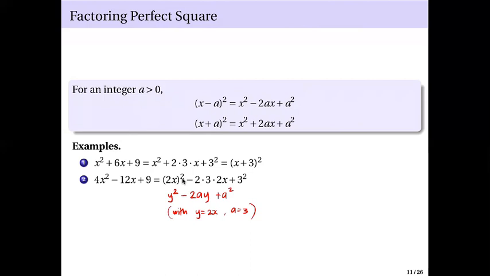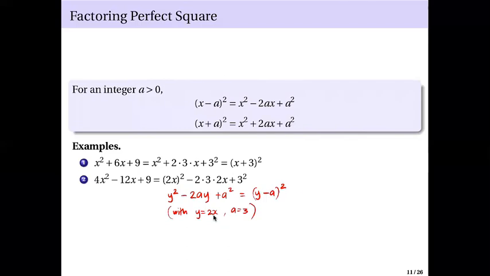So following this formula here, y squared minus 2ay plus a squared is just (y minus a) squared. But then again, y is your 2x.